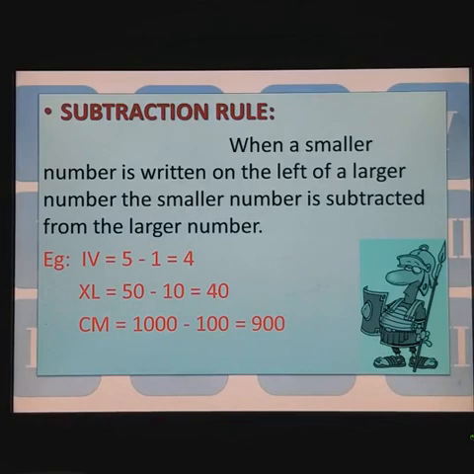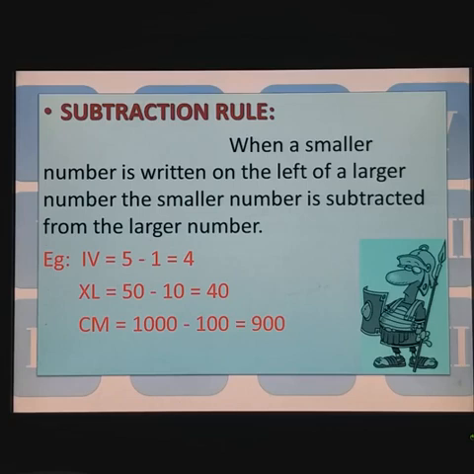Next we have the subtraction rule. When a smaller number is written on the left of a larger number, the smaller number is subtracted from the larger number. Like IV. The value of I is less than the value of V, that is I denotes 1 and V denotes 5. And it is written on the left side.